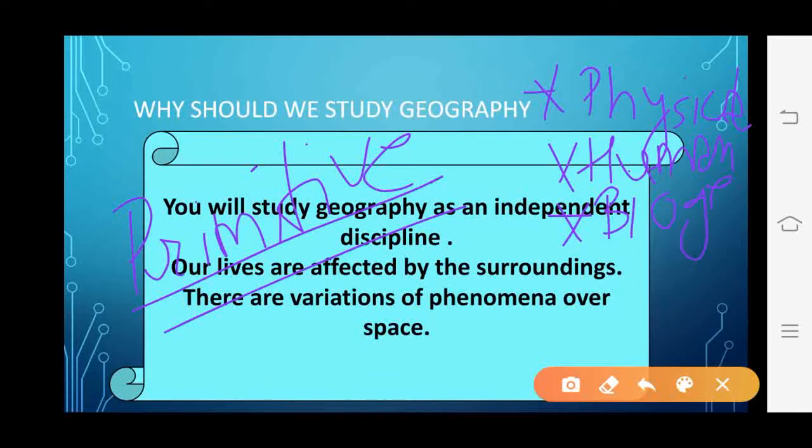But as technological advancement started, as technology advanced, people started understanding nature better, and we converted our surroundings, we converted our earth, in fact the surface of the earth, according to our needs. So this change in the way we are interacting with the environment is important to study geography.